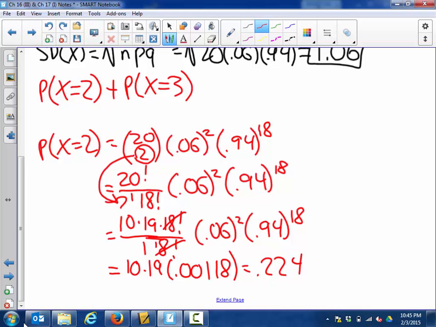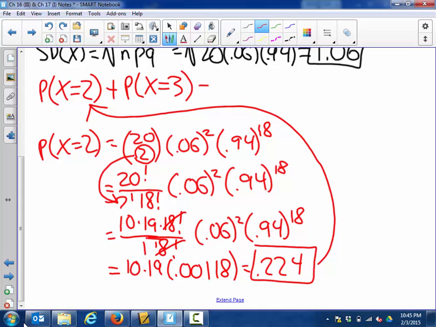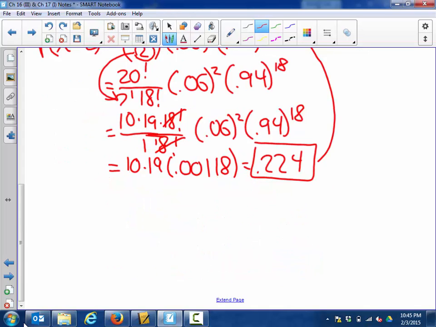So 0.00118 times 190, that probability is 22.4%. So that's the probability that we see 2 O negative blood donors. This chunk goes right in there, and we'll get our final answer here in just a second.